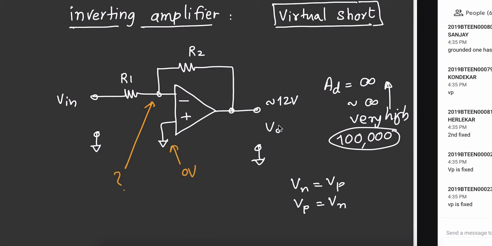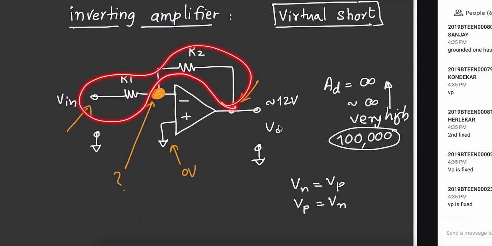Now what about this? This voltage depends on this voltage and this voltage, because this is a resistor divider. Everybody understood? This is a resistor divider, very similar to this.